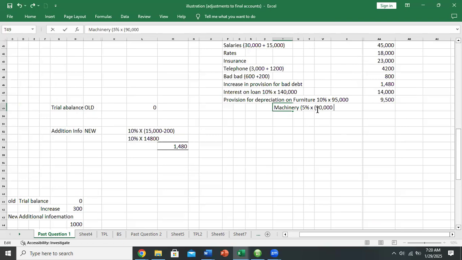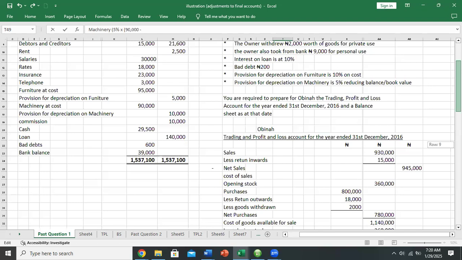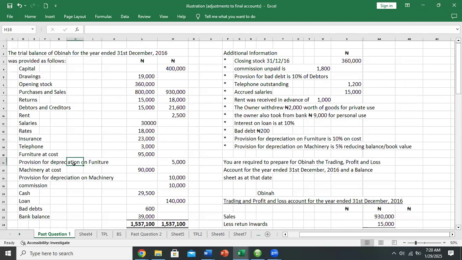And less any previous depreciation. That previous depreciation is given in the question. So do we have any previous depreciation on machine? Yes, it is here. Provision for depreciation on machine in the trial balance, 10,000. So for reducing balance, you have to less this from the cost before you multiply the rate. If you check the question and there's nothing there, it's zero, right?